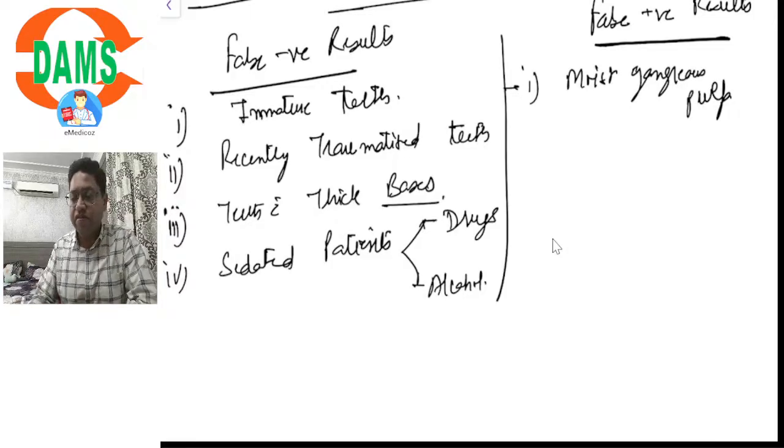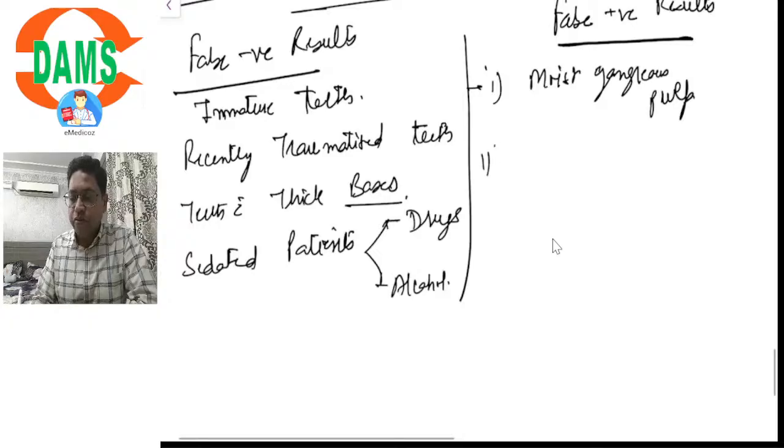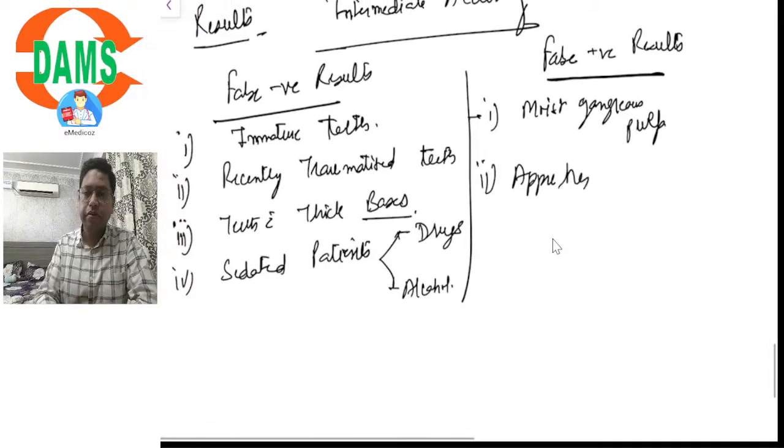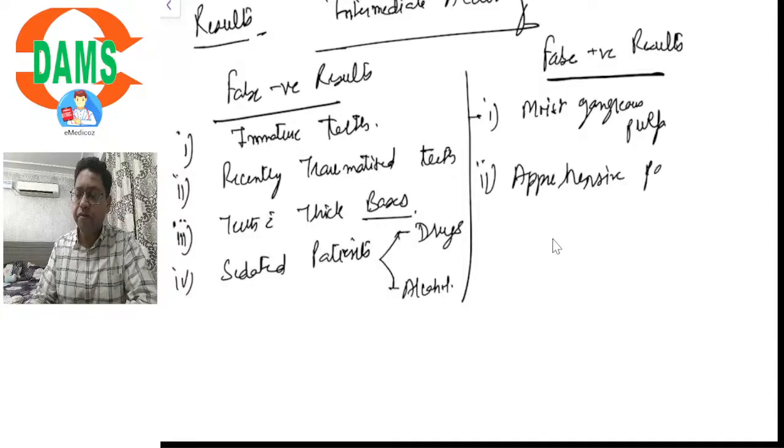False positive results. The most common reason is an apprehensive patient. The patient has some sort of fear. Even on the simple application of the electrode, the patient would give a sensation of pain.